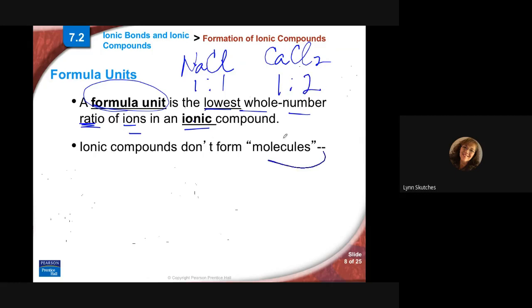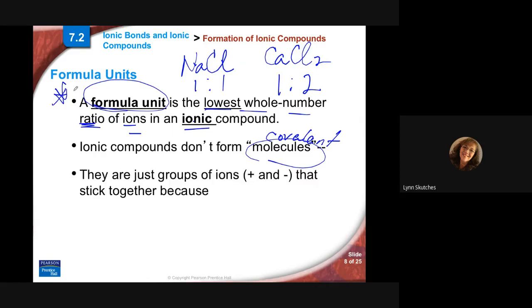Only covalent compounds are supposed to be called molecules. I'm not going to get too upset about it, but we won't get to covalent compounds for a little bit. So the proper name for ionic compounds is formula unit. Really, they're just a bunch of positive and negative bits that stick together because opposites attract.